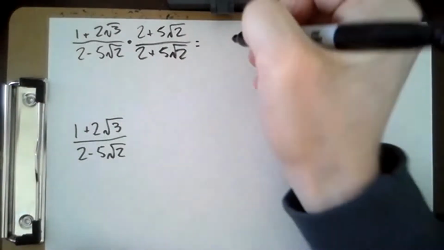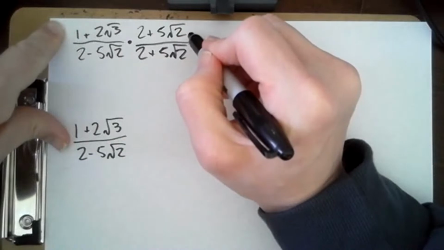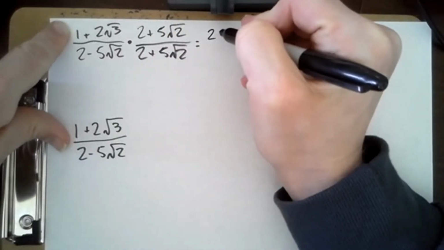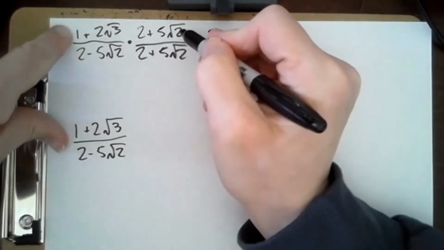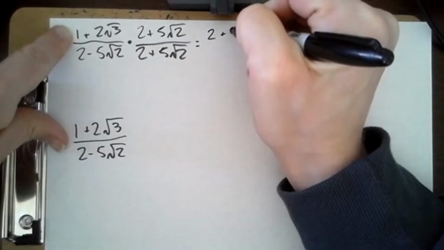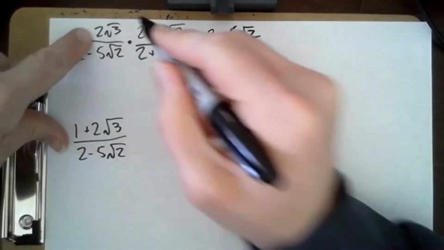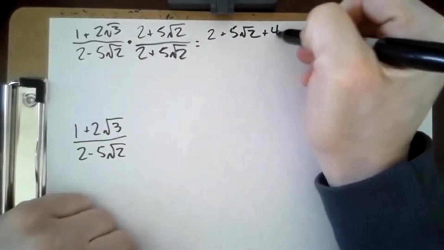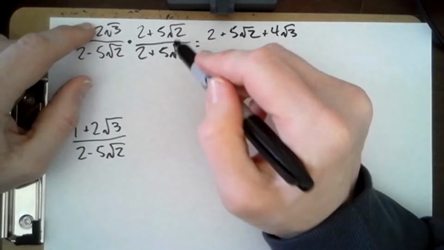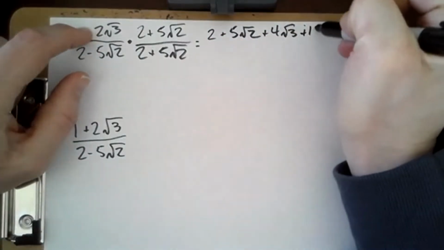That gives us, well, we can FOIL all of this stuff over here. 1 times 2 is 2, plus 1 times 5 root 2 is 5 root 2, plus 2 times 2 root 3 is 4 root 3, plus 2 root 3 times 5 root 2 is 10 root 6.